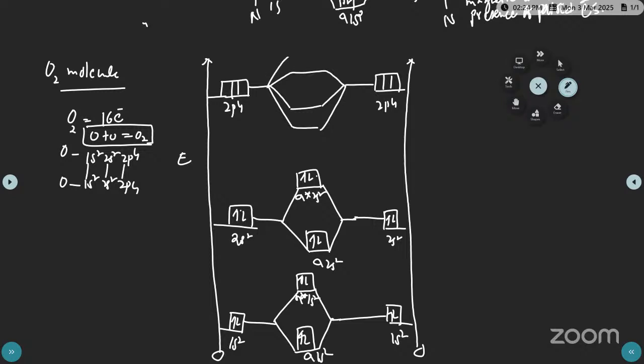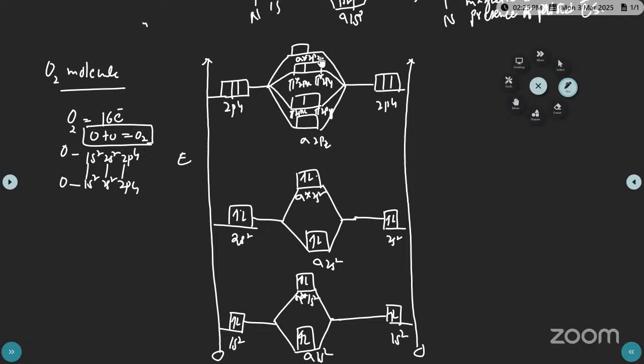Here the energy order is different: sigma 2pz is lower than pi 2px and pi 2py. This is pi 2px and this is pi 2py, and here the same pi star 2px and pi star 2py, and here sigma star 2pz.